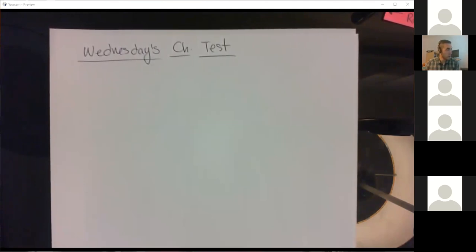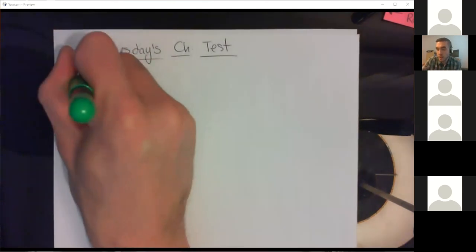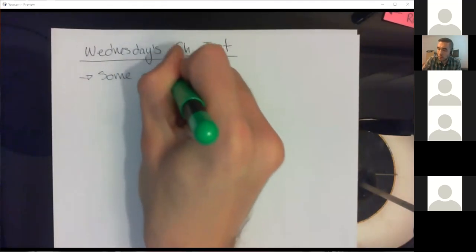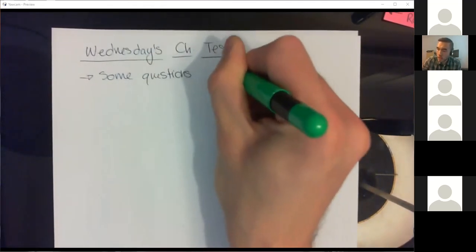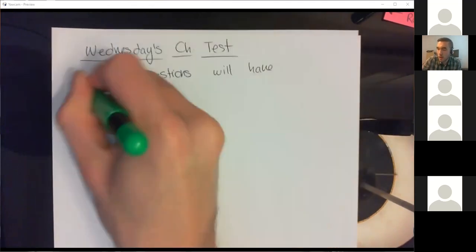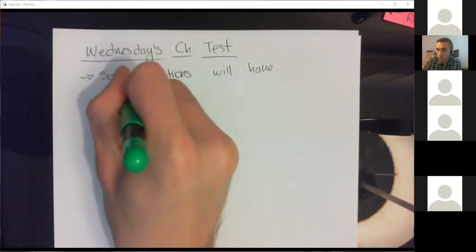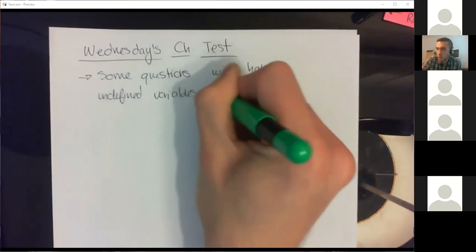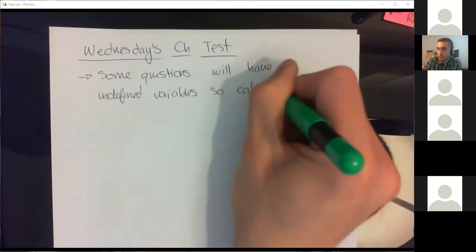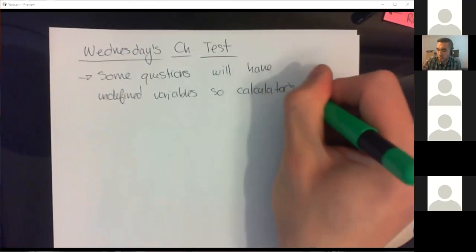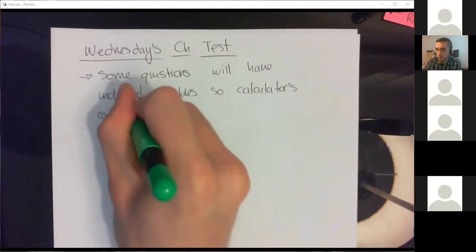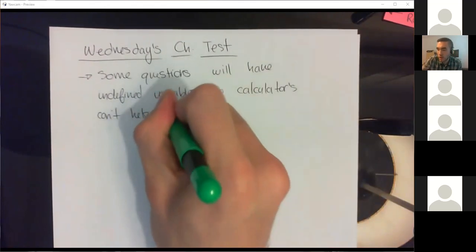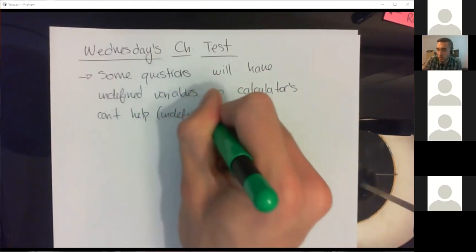And the first important part about Wednesday's chapter test is just that announcement that some questions will have undefined variables. So calculators can't help. These questions must have those same undefined variables in the solution.